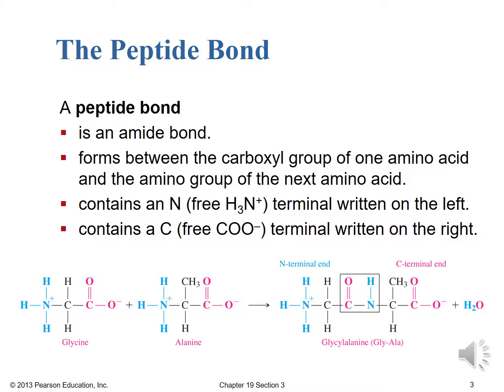It forms between the carboxyl group of one amino acid and the amino group of the next amino acid. It would contain a free protonated ammonium terminus written on the left by convention. It also contains a free carboxylate terminal on the right by convention, and there you see it.